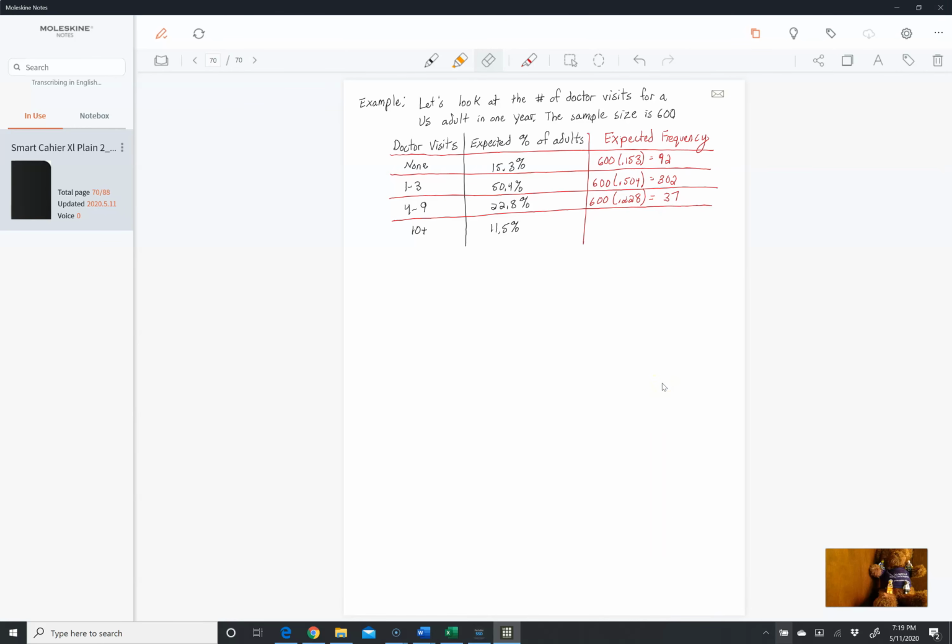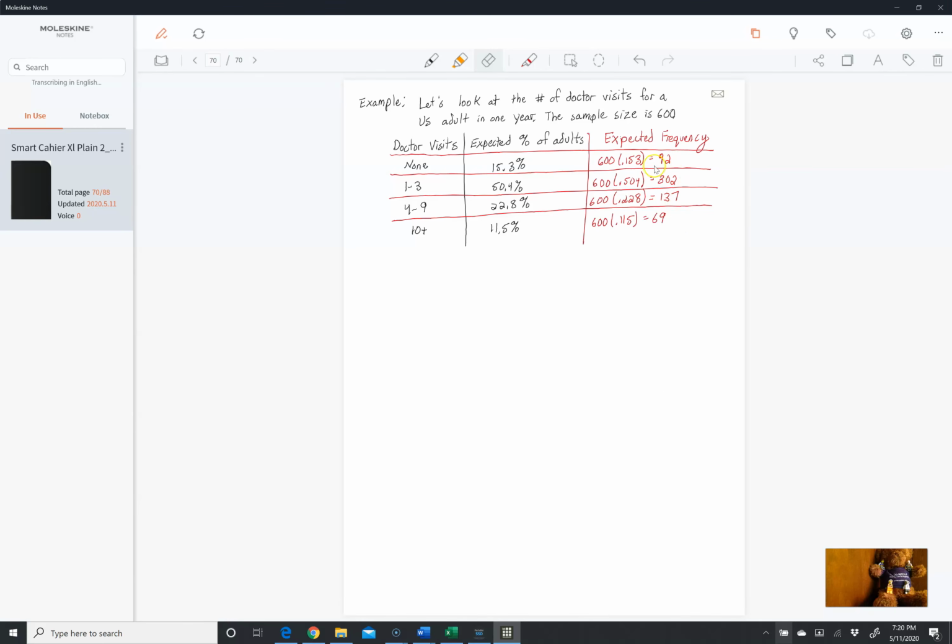Okay, this is a 2 here. Then for the last one, we have 600 times 0.115. And there we get 69.